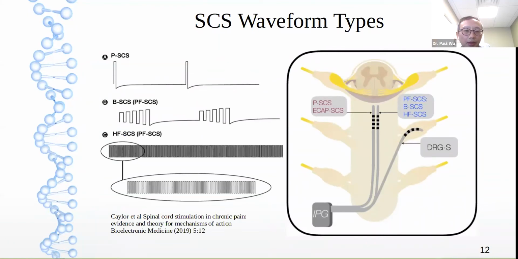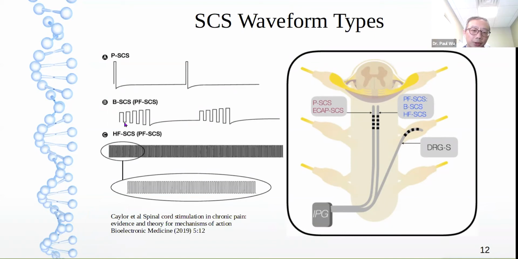This is just some pictures of the different types of waveforms. On the top, you can see that this is a low frequency stimulation. You can see the pulse width, and you can see the frequency. This is a burst.